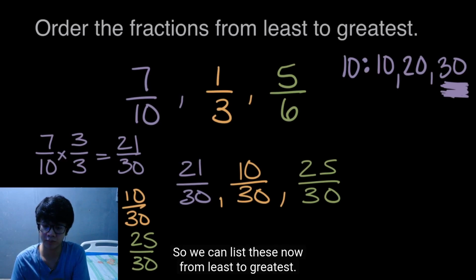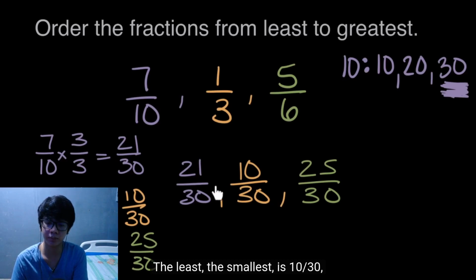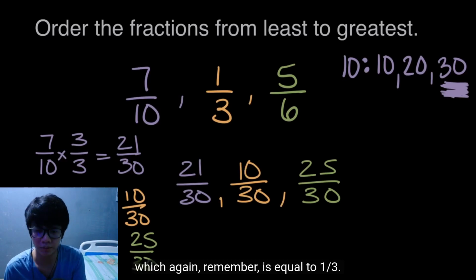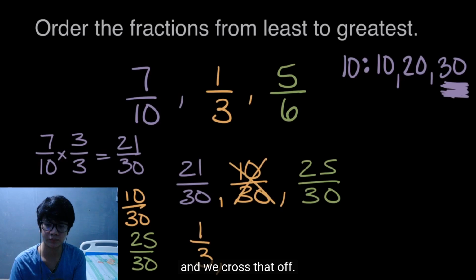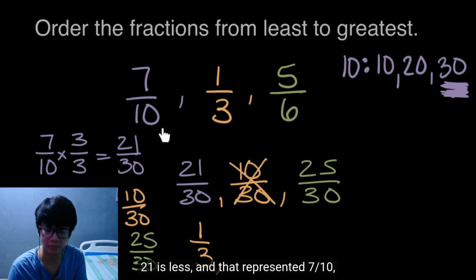So we can list these now from least to greatest. The smallest is 10/30, which again, remember, is equal to 1/3. So we can put 1/3 is least. And we can cross that off. Next, it's either 21 out of 30 or 25. 21 is less, and that represented 7/10.